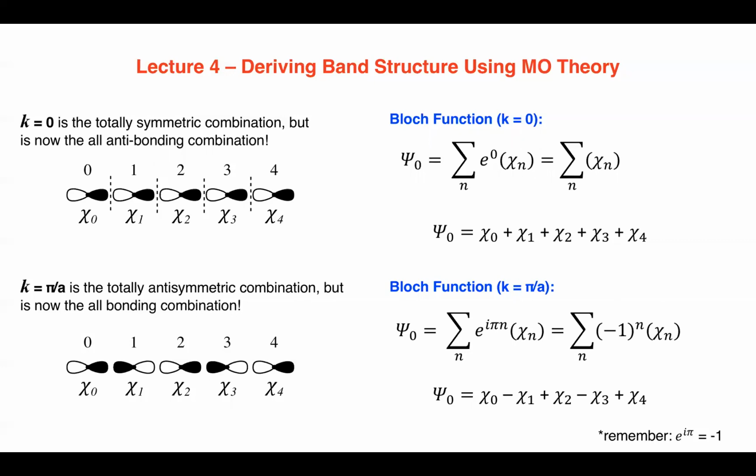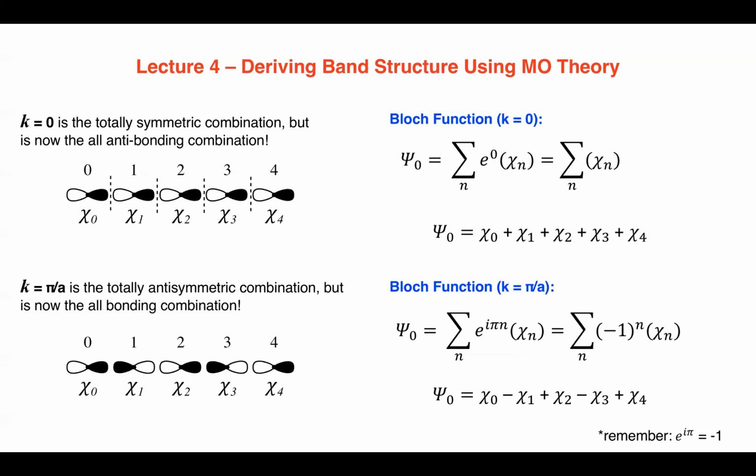So k equals 0, that solution is still a summation of all those p orbitals. But now, if you take those component functions and line them up to make sigma bonding interactions, if the symmetry of the orbital is unchanged as you go from 0 to 1 to 2 to 3 to 4, you notice that there are anti-bonding interactions between each of the p orbitals.